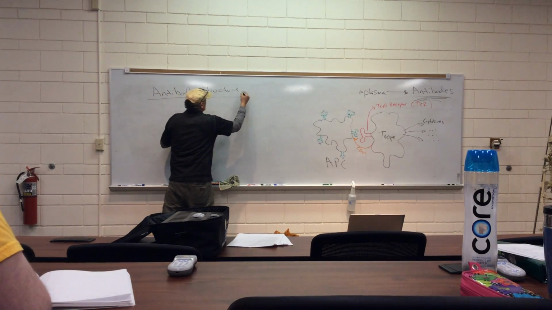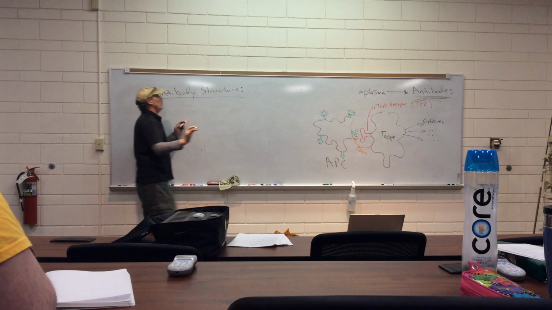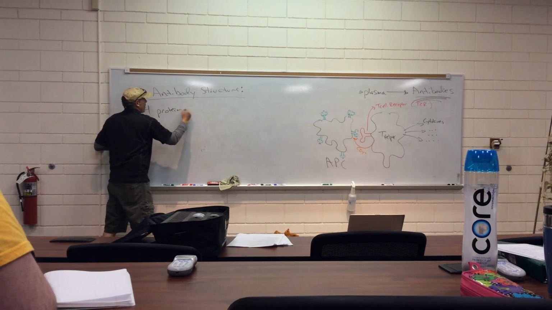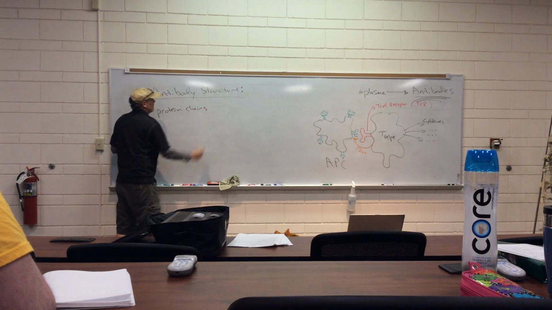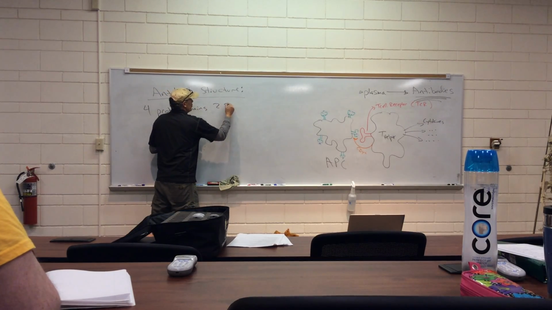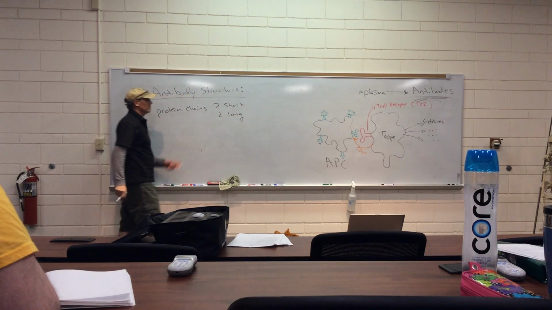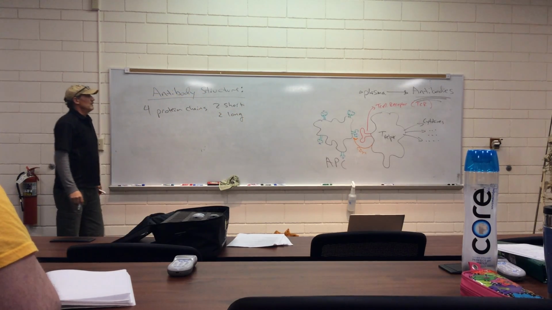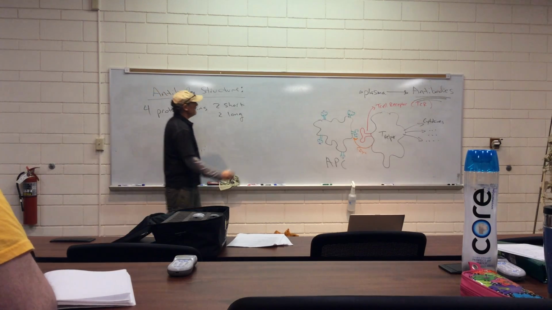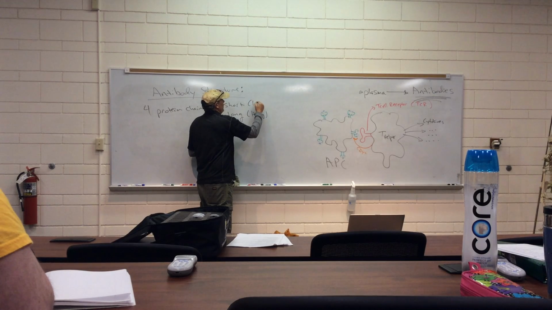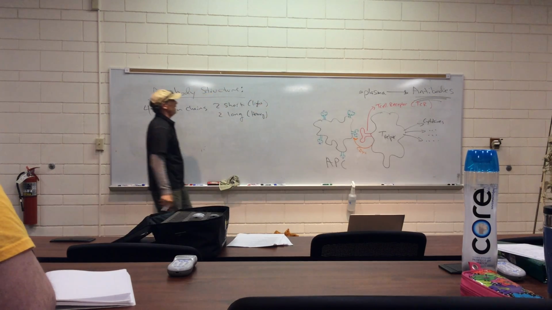So our antibodies are basically composed of 4 protein chains. Sometimes these are called heavy and light chains, depending on how old you are and which text you're looking at.